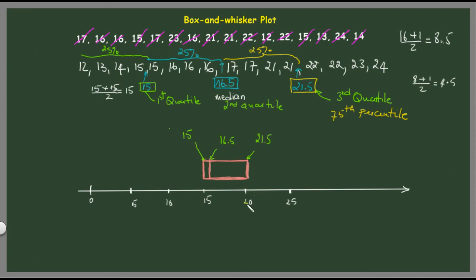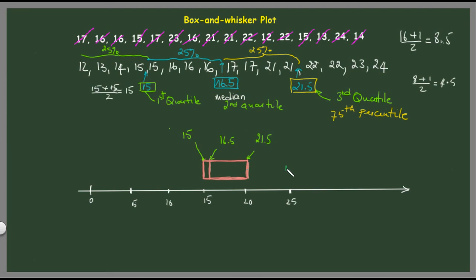And then we still have the entire range of data. We've now drawn the box. What about the whiskers? Let us draw the whiskers now. We have until 24. 24 is right here, so the whiskers are going to go this way, from here until 24.